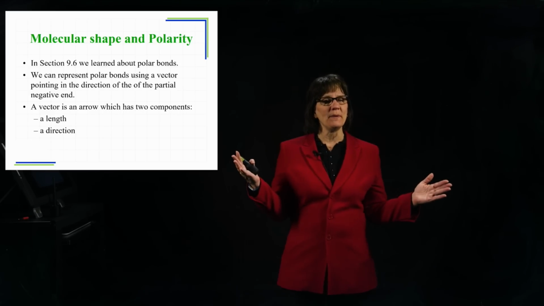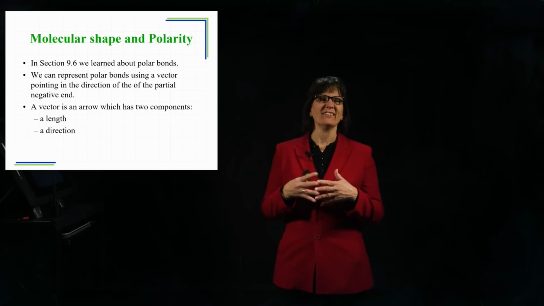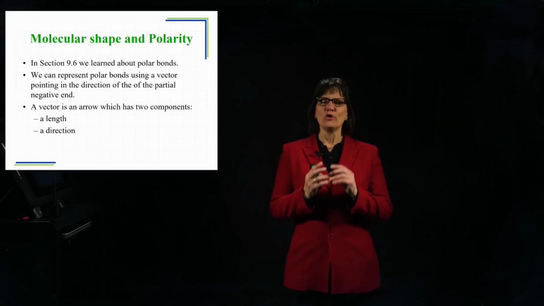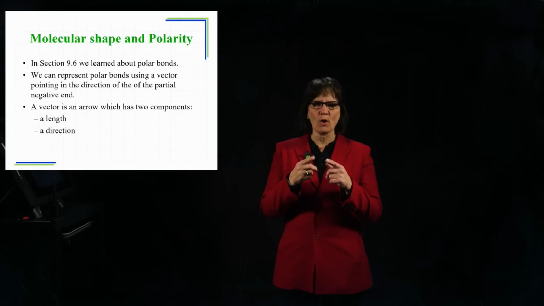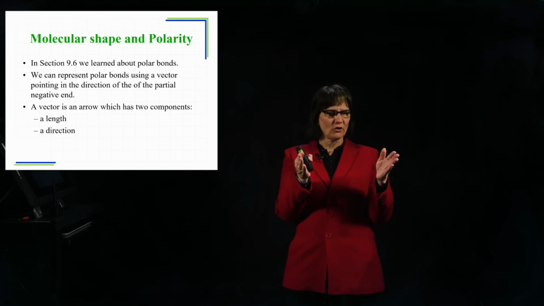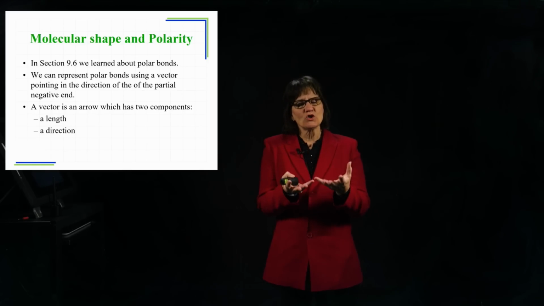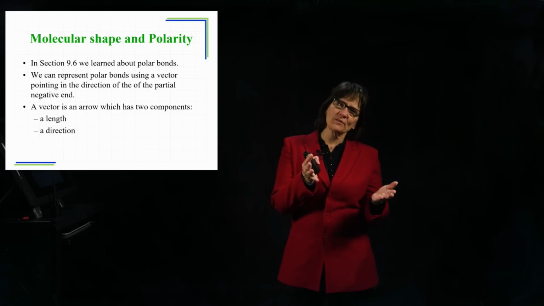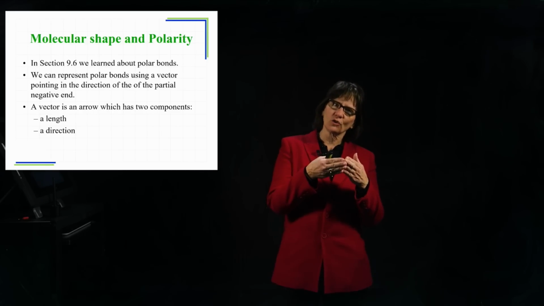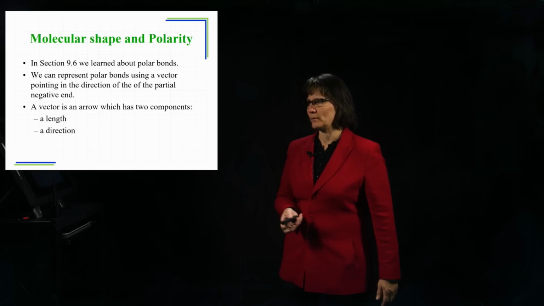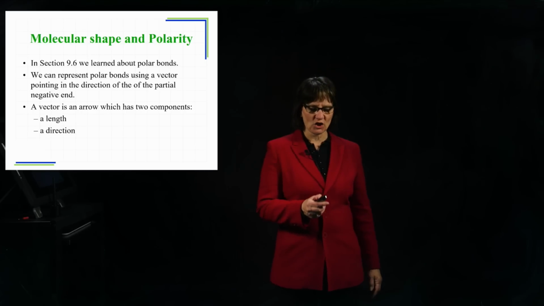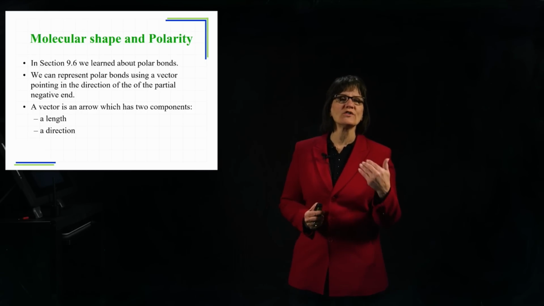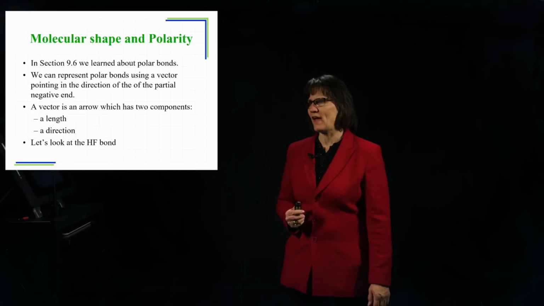The length is going to be dependent upon how polar that bond is. It's a relative thing. It's not like you draw it 2 centimeters if it is polar to this extent, and 3 centimeters if it's polar to this extent. It's just that once you draw the molecule, if you have one bond that's more polar than another bond, you'll draw its vector a little bit longer than the other one. And of course it's going to have a direction, and that direction is going to go towards the more electronegative atom.